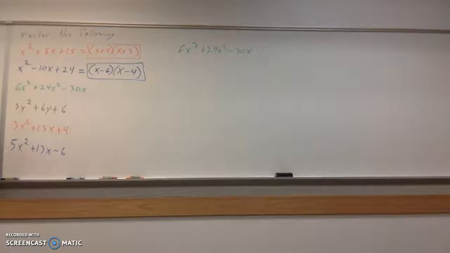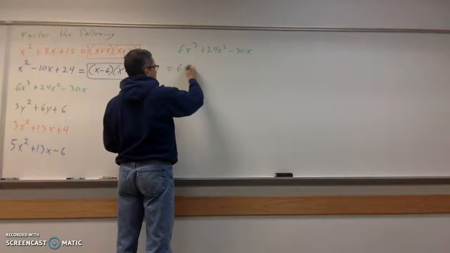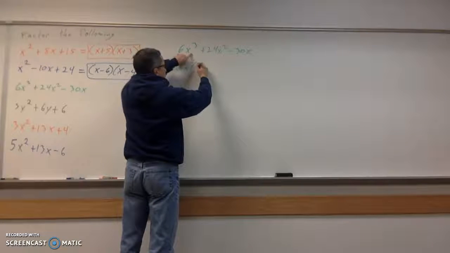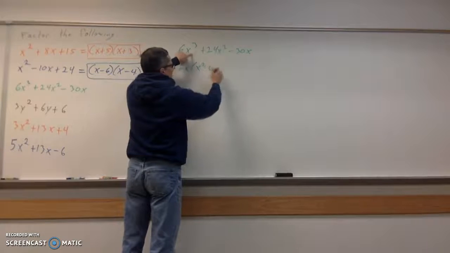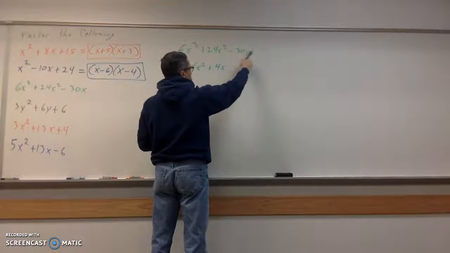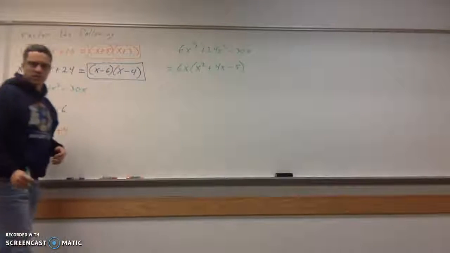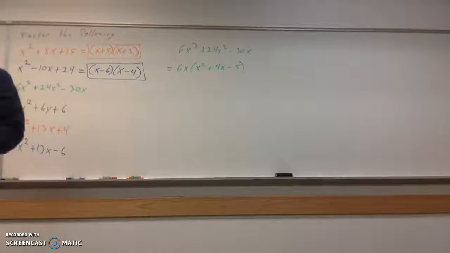The greatest common factor is a 6 and an x, so I'll pull that out. 6x comes out, that leaves us a first term of x squared, a second term of 4x, and the last term of minus 5. So my greatest common factor has been pulled out.